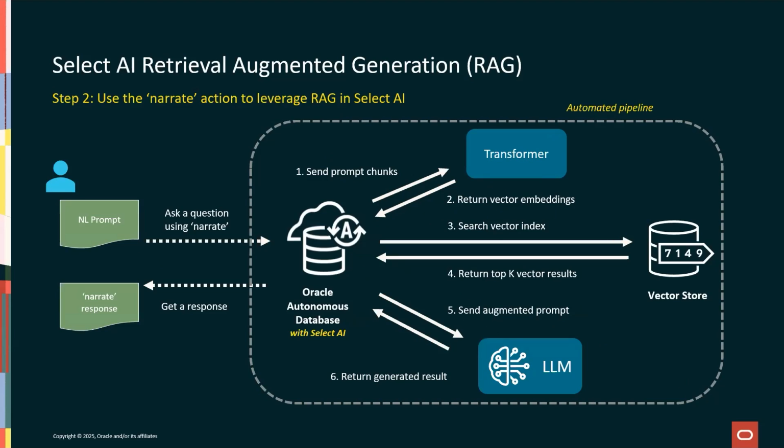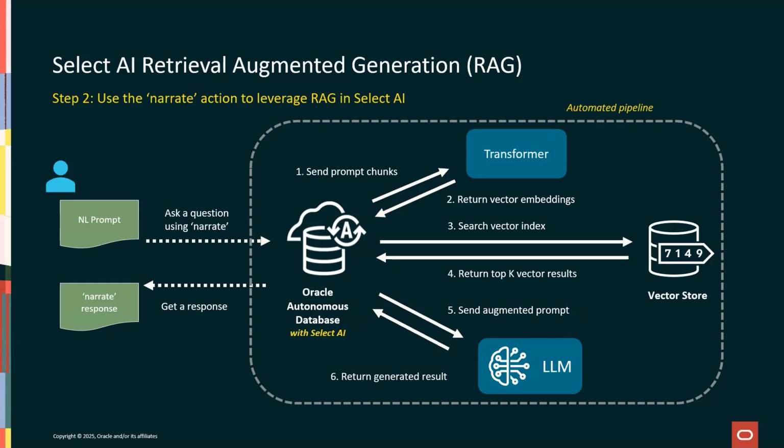And with the narrate action, here is how the flow looks. With our vector index available, the user asks a question using the narrate action, and then Select AI sends the prompt to the transformer to generate vectors used to search the vector index and return the top results.